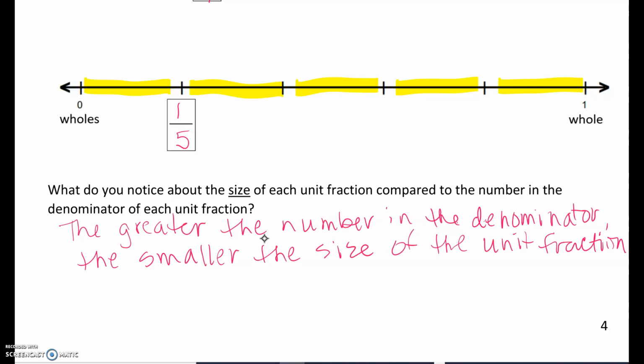So the bigger the denominator gets, the smaller the pieces get.